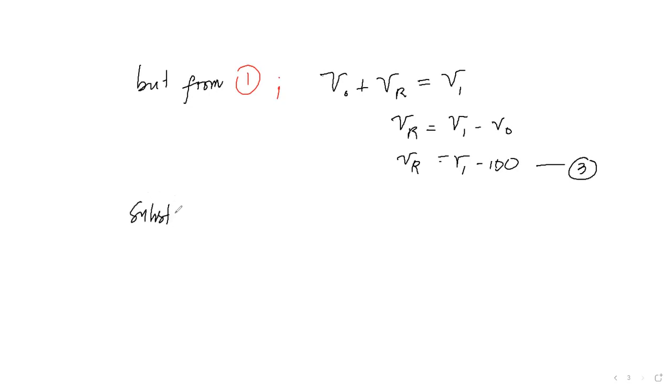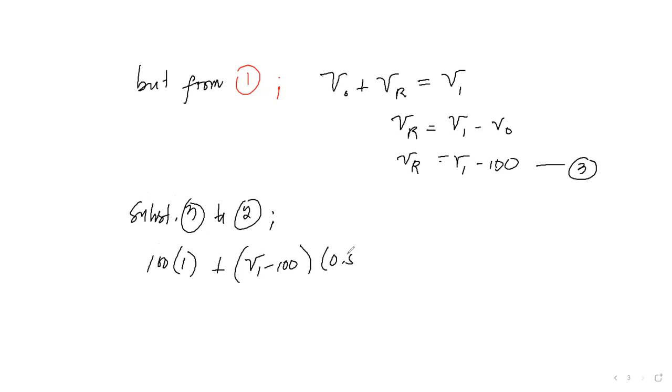So if we substitute 3 to 2, what would be the resulting expression? So our VO is 100. Our CaO is 1. And we have for the VR, this one, the V1 minus 100. And the concentration Ca2 is 0.5. So where am I getting all this?